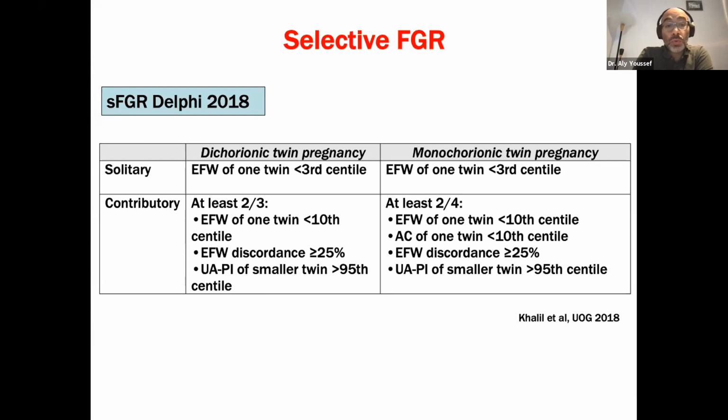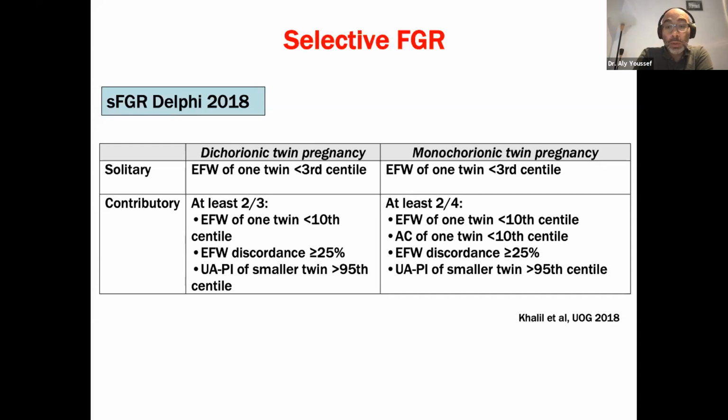Whereas if we want to use more than one characteristic, we need at least two out of 3 characteristics: an estimated fetal weight less than the 10th centile, a discordance of the weights more than 25%, or an abnormal umbilical artery Doppler. Okay, any 2 of the 3 criteria diagnose a selective fetal growth restriction in a dichorionic twin pregnancy.